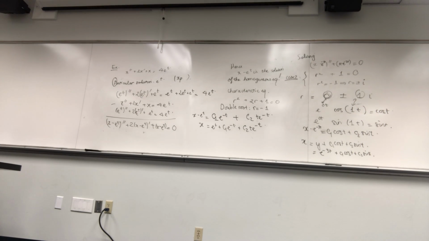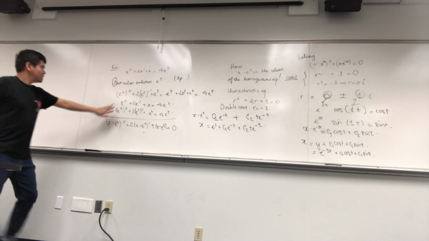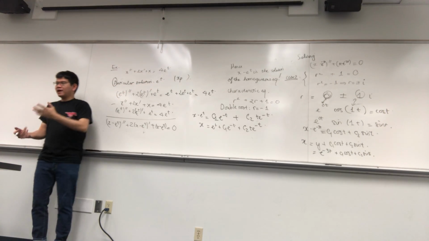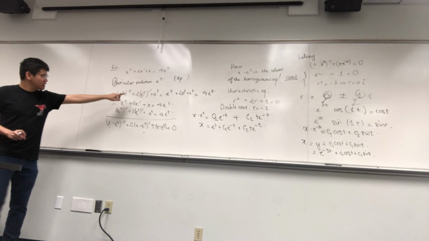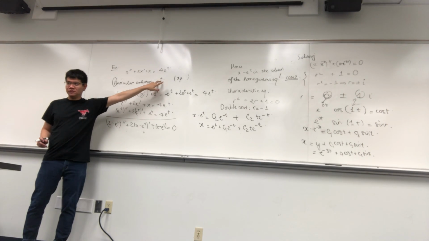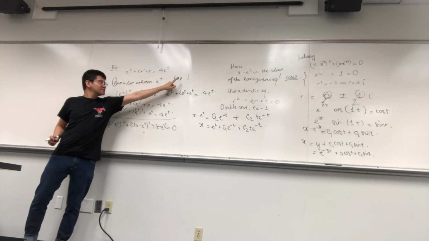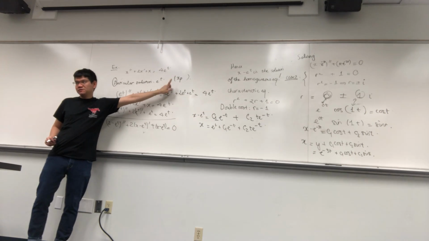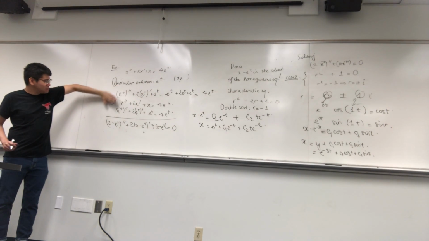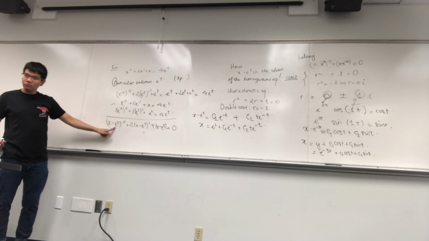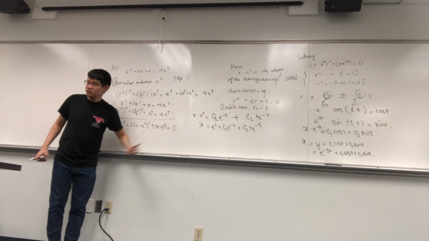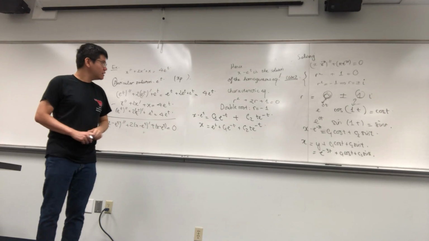It's clear? I explain again. The first thing that I do is I try to find one special solution for this equation. In this case, the special solution is e to the t. x p means that p is the particular, so x p is just a name. So when I subtract the two equations, x minus e to the t will be the solution of the homogeneous equation, right?